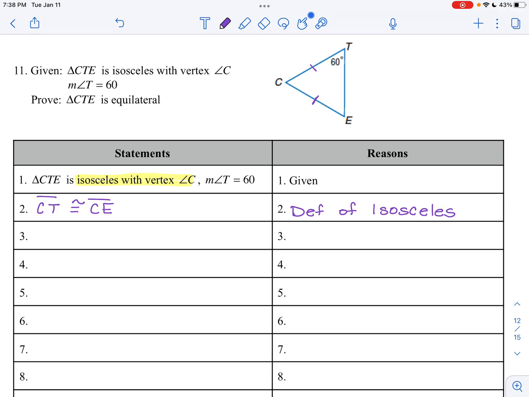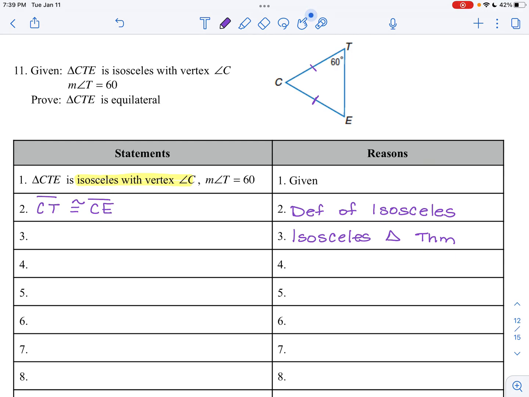Once I know that those two sides are congruent, the isosceles triangle theorem tells me that if I have two congruent sides in a triangle, then the angles opposite them must be congruent.